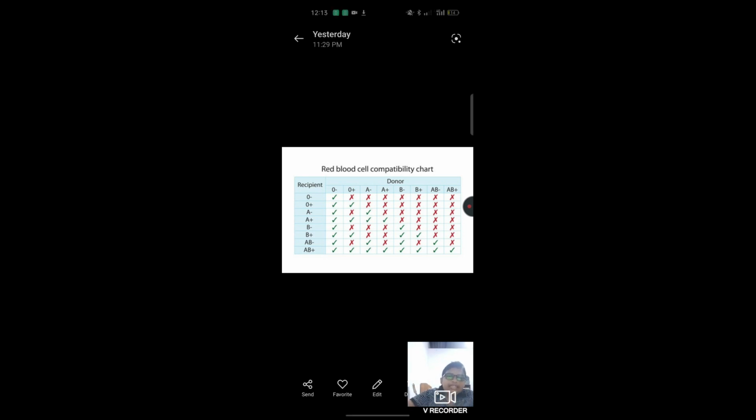AB negative donor can give to AB positive and AB negative recipients, because the A and rhesus factor is there in AB positive. The donor has no rhesus factor, only A, so A is there. A positive can give only to A positive and AB positive. Why? Because the A and rhesus factor both are there only in AB positive and A positive. Others are also like that.